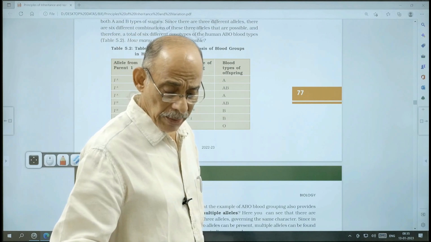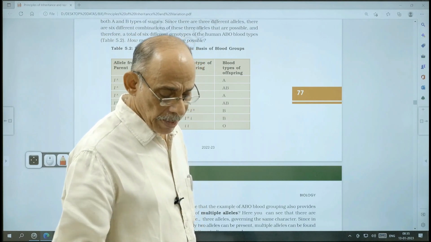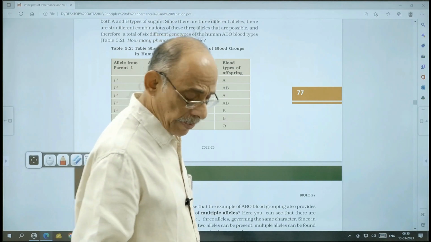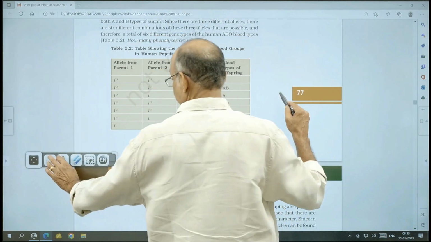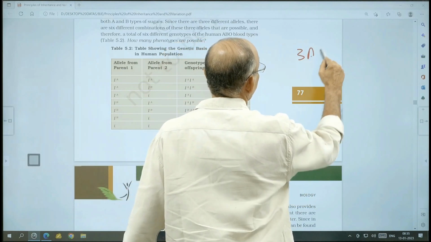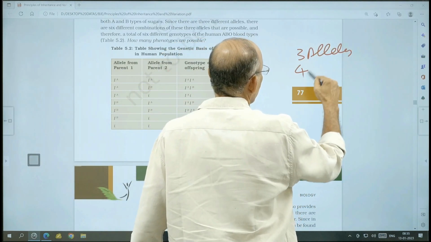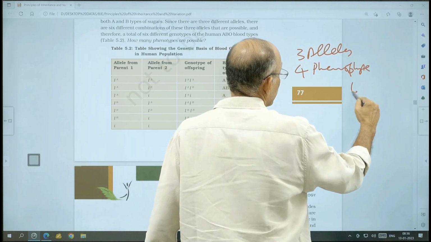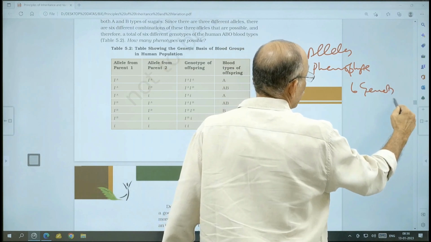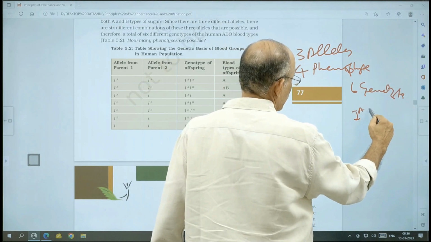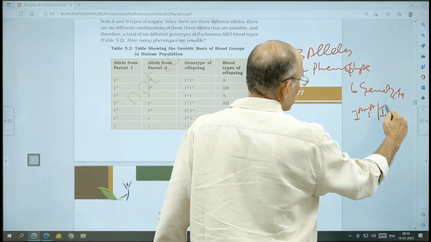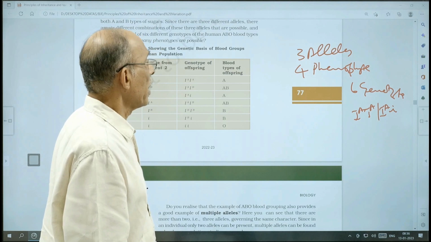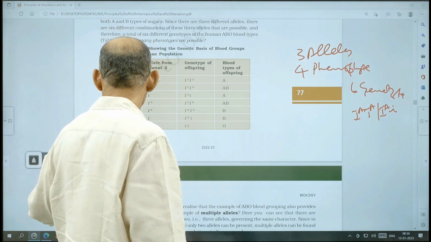The different phenotypes are A group, B group, AB group, and O group. The 6 genotypes are like homozygous IA, or heterozygous IA i, like that. So 6 genotypes, 4 phenotypes and 3 alleles in the ABO blood group system.